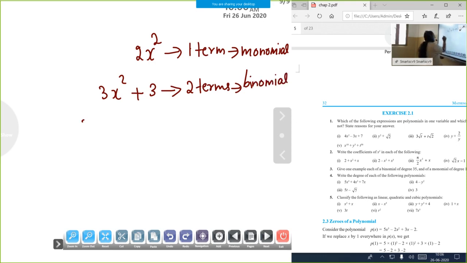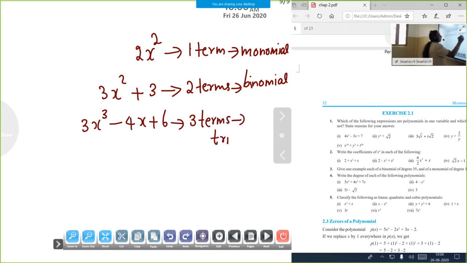And the next one, 3x cube minus 4x plus 6. Here 3 terms, 1, 2, 3 terms here. So it is known as trinomial. One term, monomial; 2 terms, binomial; 3 terms, trinomial.